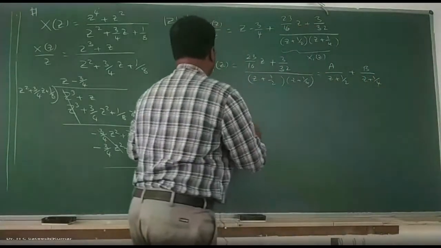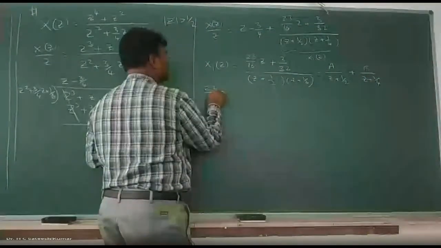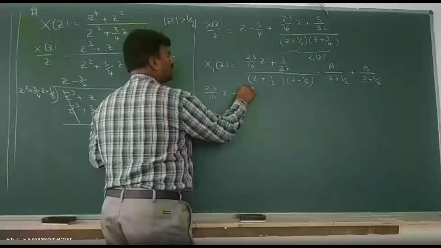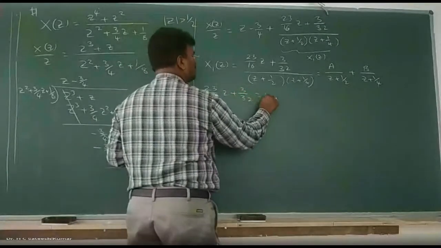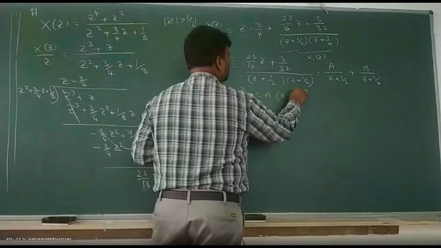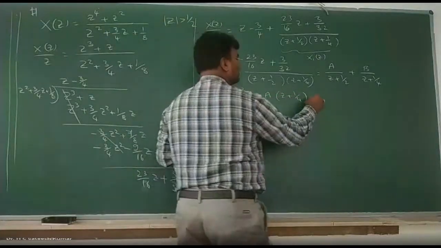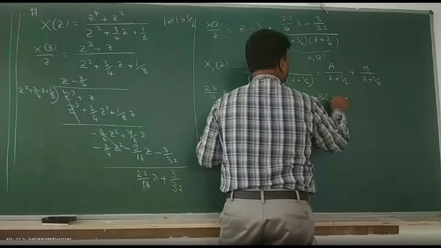Therefore, 23 by 16 Z plus 3 by 32 is equal to A into Z plus 1 by 4 plus B into Z plus half.